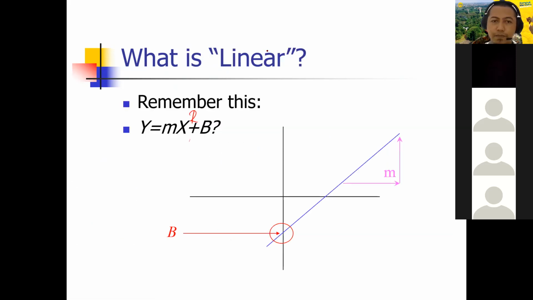This is the meaning of each variable. You can see here the slope, in the previous discussion we called it beta 1, and this is beta 0, the intercept, the location here. This is b, and m is the comparison between this divided by this.